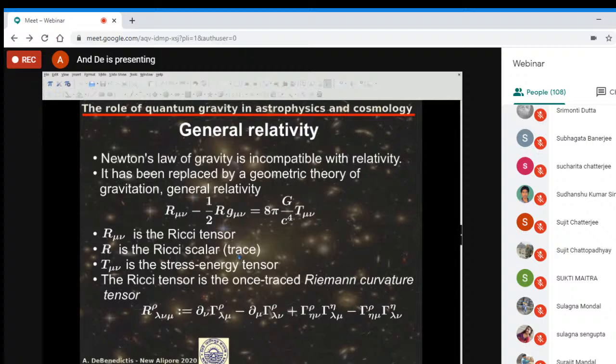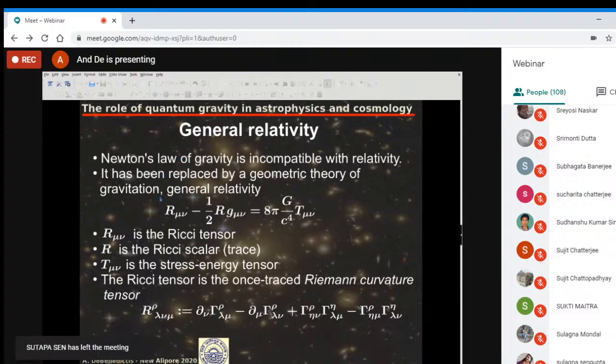General relativity is a very interesting theory. One is it makes gravitation compatible with the special theory of relativity, which had been out since 1905. Newton's law of gravity had problems with special relativity. General relativity, on the other hand, is fully compatible with special relativity. Now, the equations for general relativity are quite a bit more complicated than Newtonian gravity.